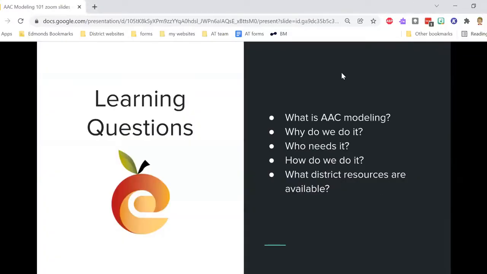And what we are going to be talking about today is, what is AAC modeling? Why do we do it? Who needs it? How do we do it? And what district resources are available to help us? This is an hour-long training that I often do with a whole classroom team, like with the teacher and the paras and anybody else who works in that classroom, when there's students who are learning to use pictures to talk.